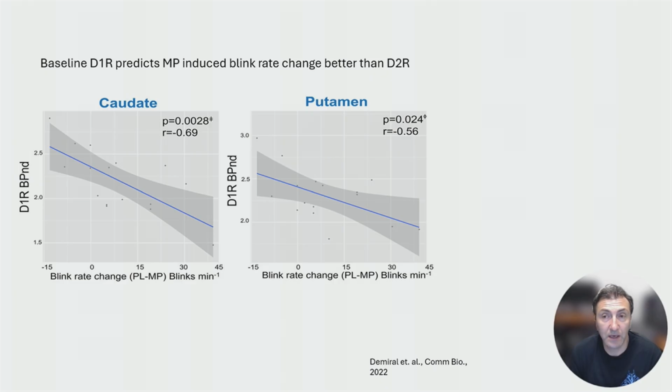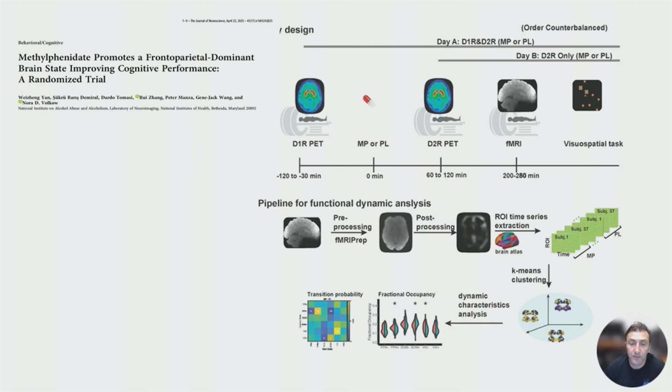These results indicated that D1 is a more predictive system for understanding blink rate changes. So this study mainly focused on the relation between behavior and the dopamine system, and showed preliminary results on the importance of the D1 system.